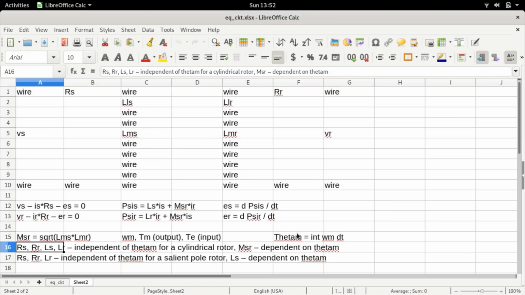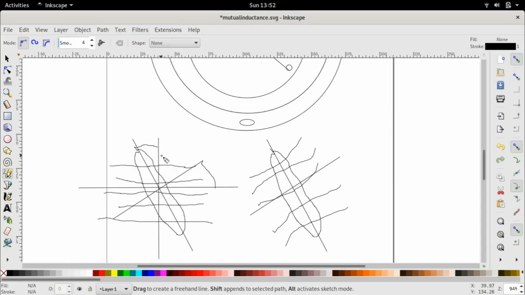If we say that at any instant of time t, this was the theta m angle produced, then we know that the same angle is the angle between the stator flux and the rotor flux. So then the question arises, can we express this stator flux in a manner such that it would be, what would be the stator flux that would fully link with the rotor? This is the question we need to ask.